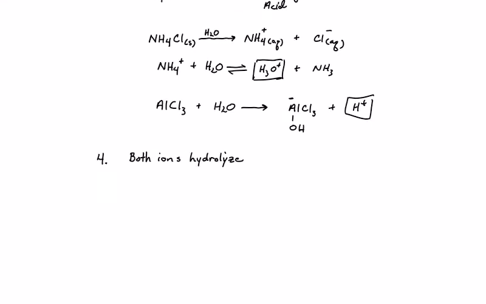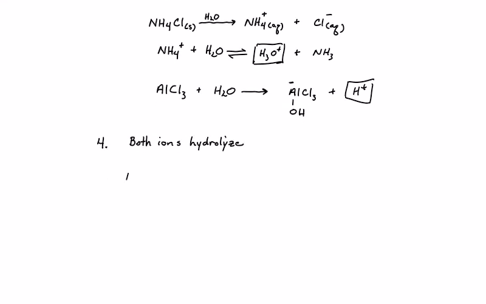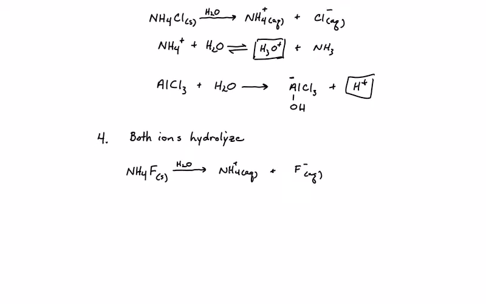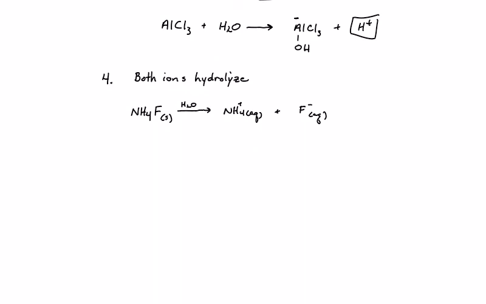An example of this would be something like ammonium fluoride. If I take ammonium fluoride and I add this to water, I make ammonium that has been solvated, and I make fluoride that has been solvated. But each one of those individually can react with water.